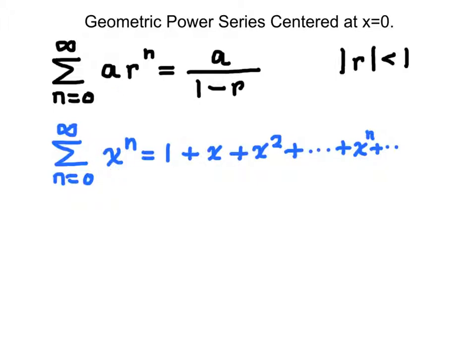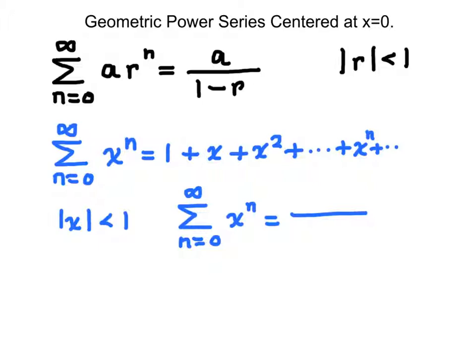So that means that when the absolute value of x is less than 1, then our sum from n equals 0 to infinity of x to the n is equal to the same ratio that we have above, a divided by 1 minus r.